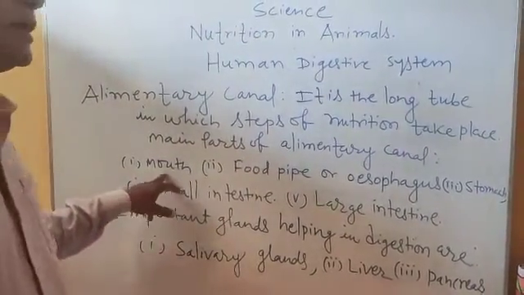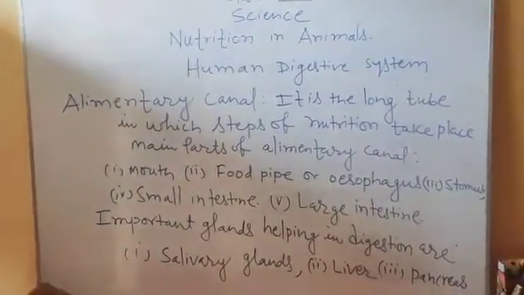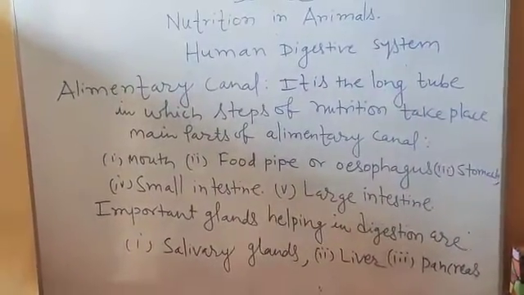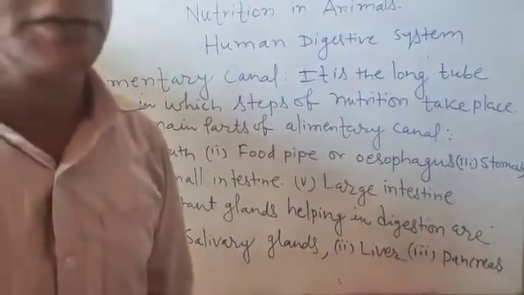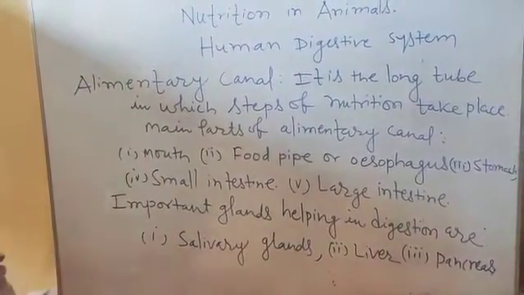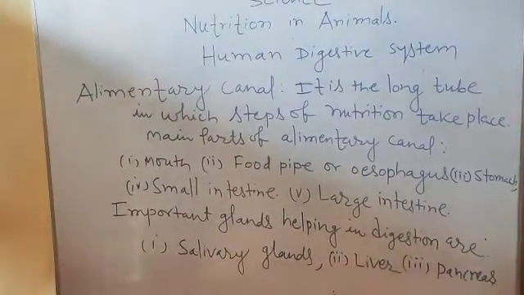It is found in mouth. It secretes saliva. Saliva contains a very important digestive enzyme that is called salivary amylase. Salivary amylase converts the carbohydrate present in food into maltose.